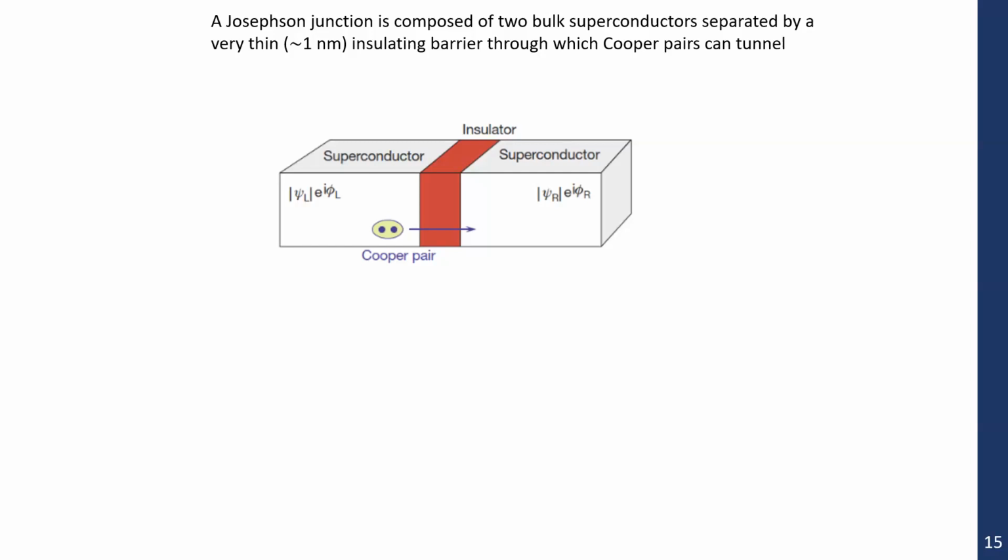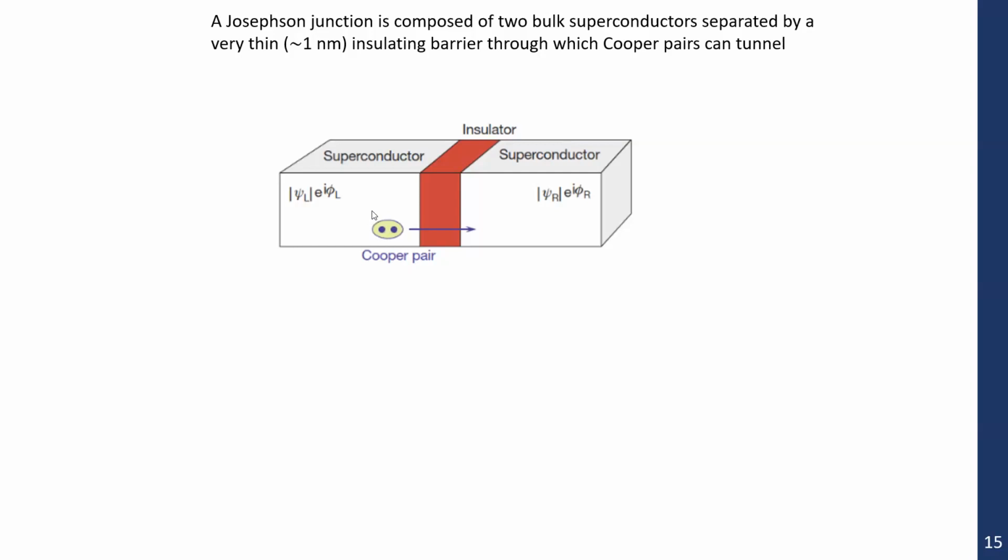The superconductor itself is a system where, initially above critical temperature, we have a conductor with many charged particles, electrons, in it. Below the critical temperature, the electrons combine into pairs, called Cooper pairs.